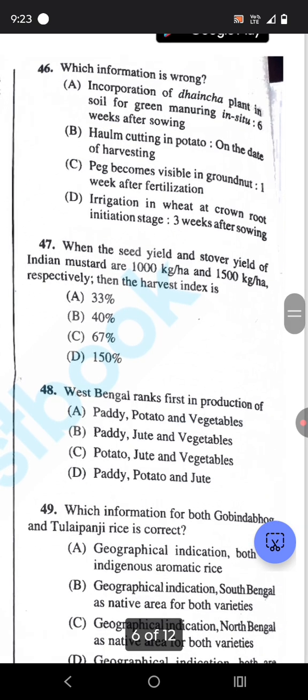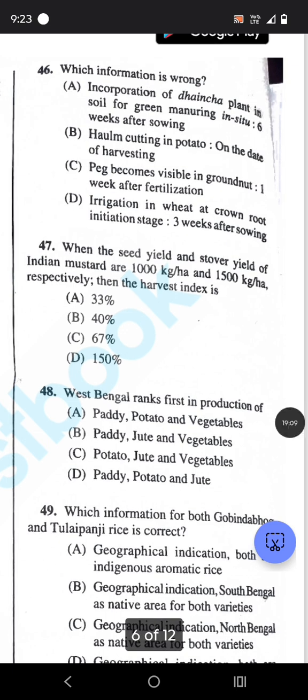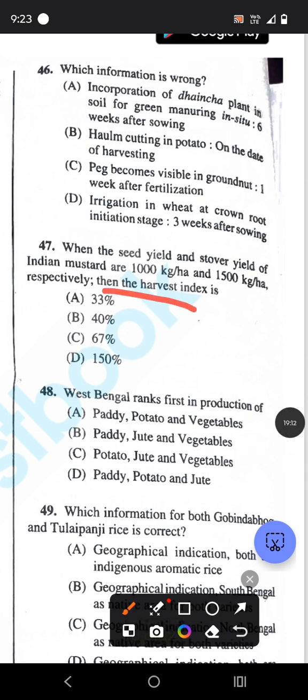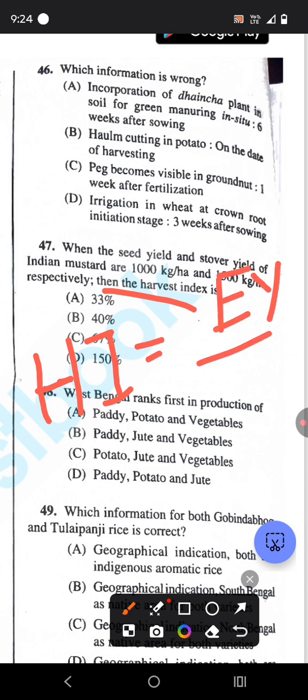Question number 47. When the seed yield and stover yield of Indian mustard are 1000 kg per hectare and 1500 kg per hectare respectively, then the harvest index? For calculating harvest index there is a particular formula: economic yield upon biological yield into 100.